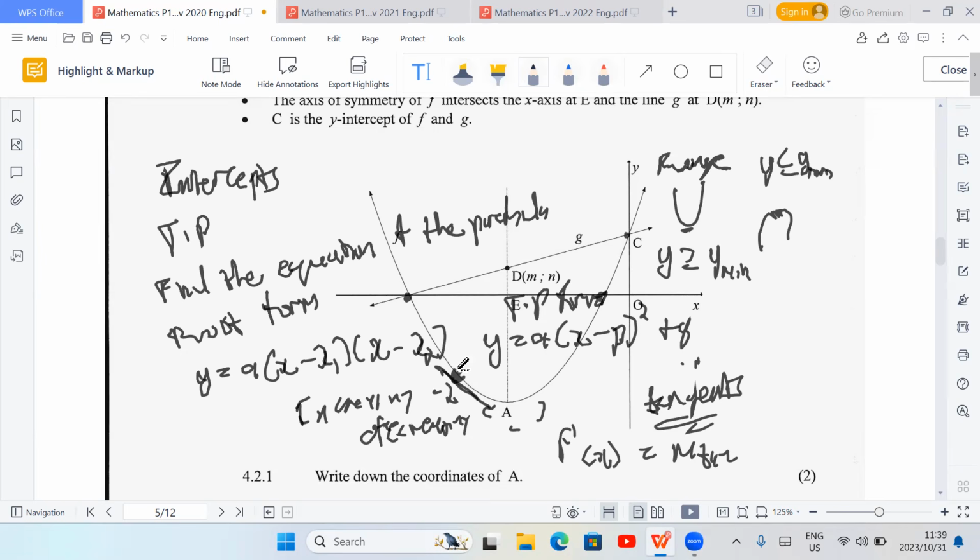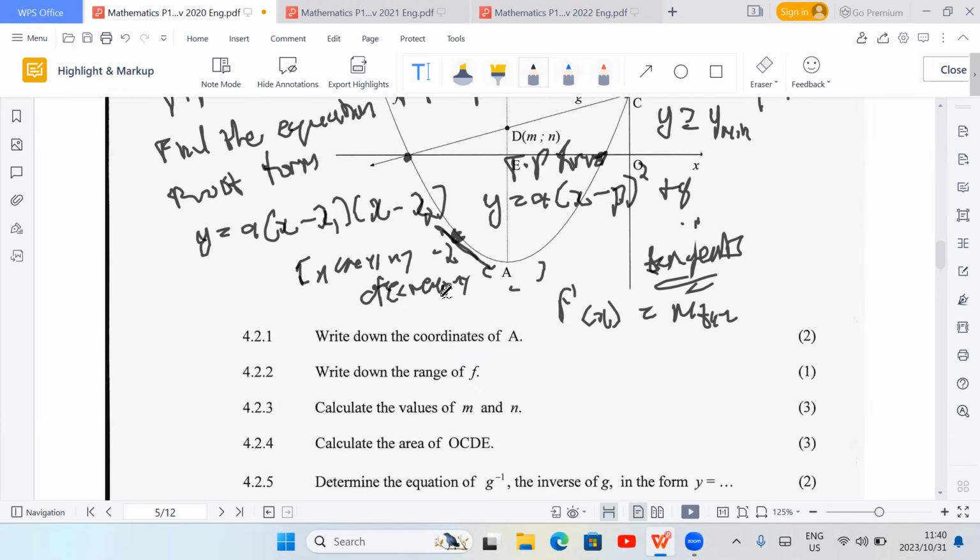You can just derive f of x, the parabola graph, and then substitute the x coordinate into that derivative equation so that you find the gradient at this point, right? Then when you find the gradient, you can use that to find the equation of the tangent, right? So that is a question that is kind of mixed with your differential calculus.